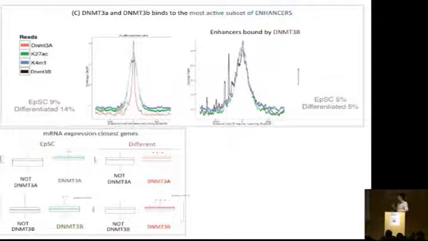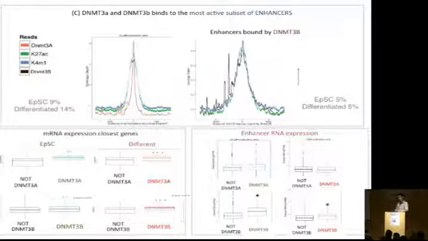And if you're wondering whether the activity of the enhancer is well measured by the mRNA of the closest gene, you're probably right that it is not. Thanks to our bioinformatician, Debayan, we found a very nice way to normalize and quantify enhancer RNA expression, so we could see that the enhancers that are bound by DNMT3b are highly expressed compared to the ones that do not contain DNMT3b.